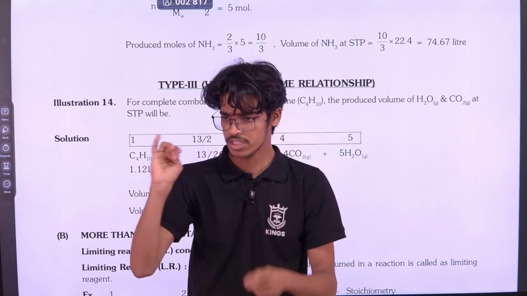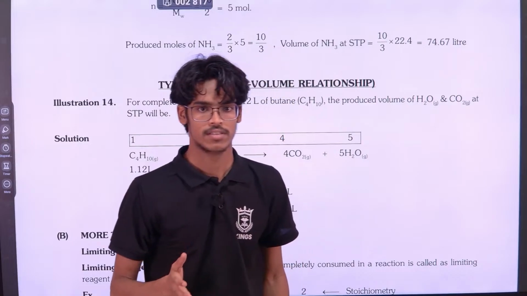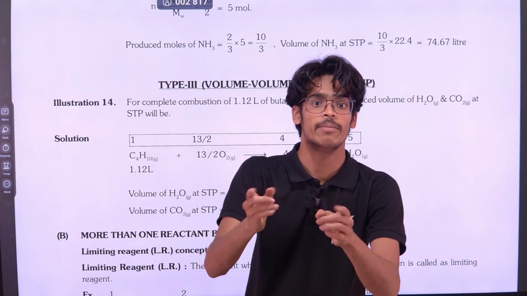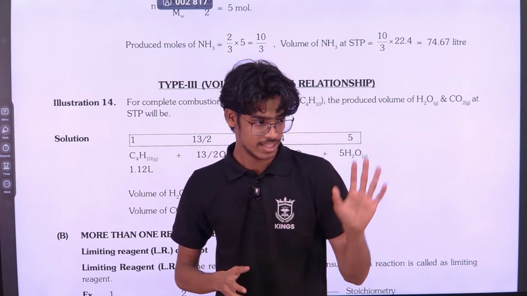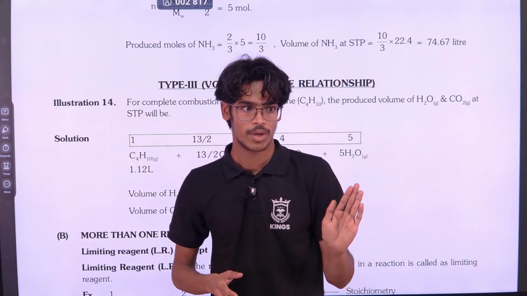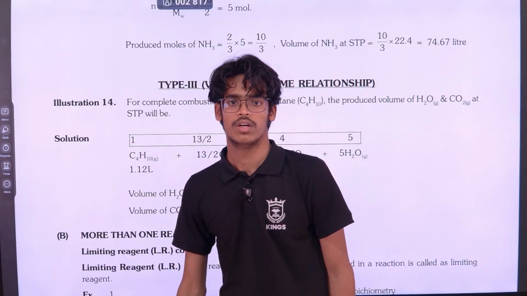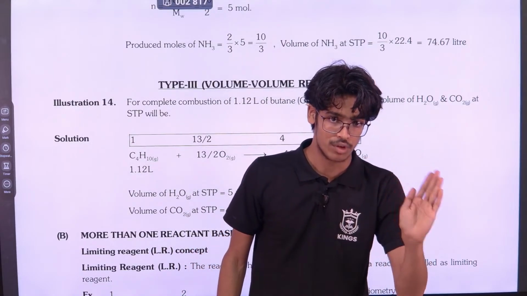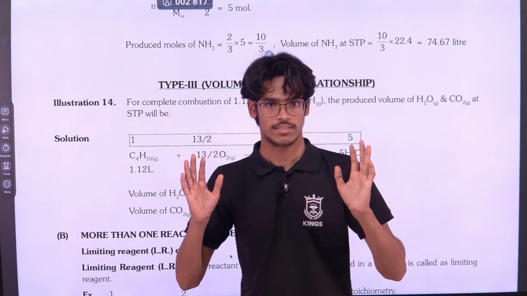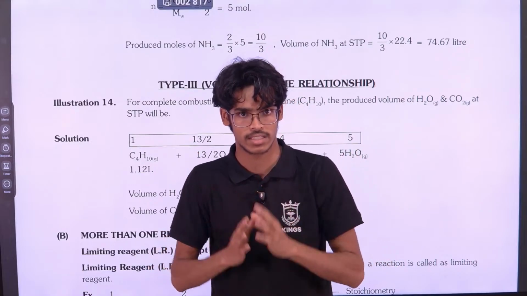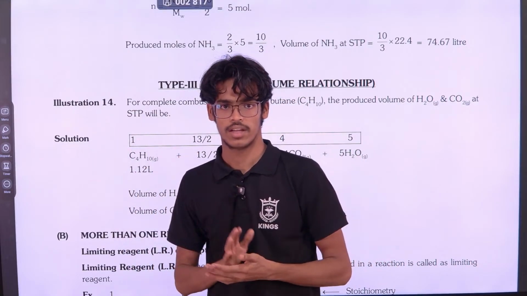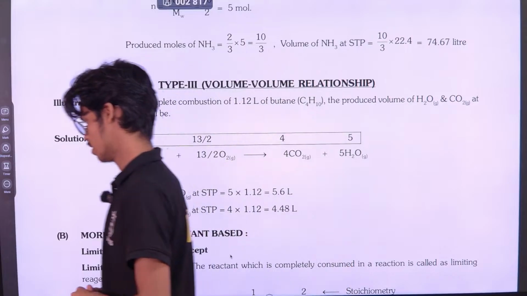So 1 liter of this particular reactant will be left. So which one is the limiting reagent? This is the limiting reagent, because this is fully used up, but the other is left. So whatever is fully utilized is the limiting reagent. That thing is limiting the reaction. The other thing is left, it is not able to react. That is called limiting reagent.